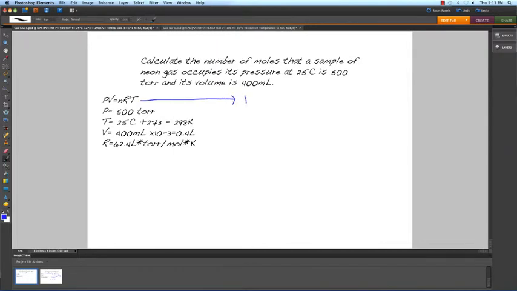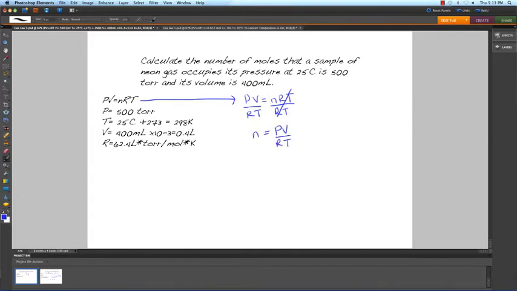We write it out again, PV equals nRT. Because we're trying to isolate moles, which is n, we divide by the gas constant and temperature on both sides. This cancels out, and you're left with n equals PV over RT.